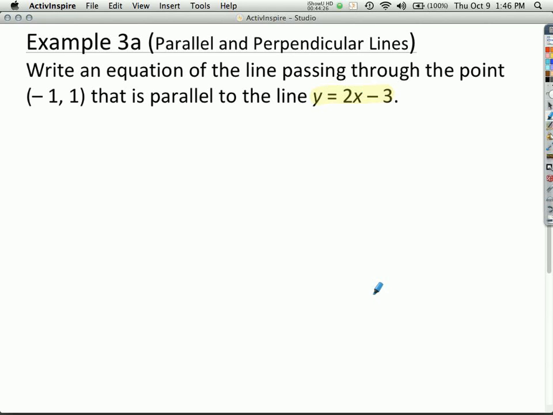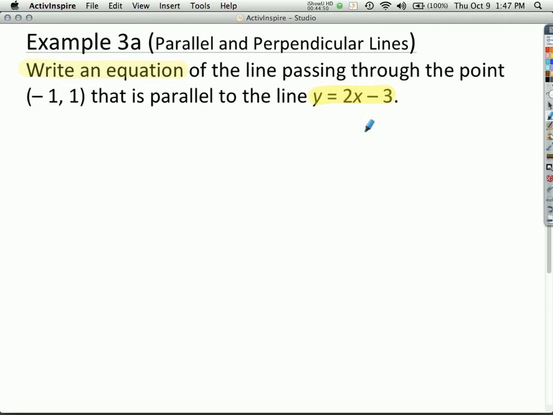Because I'm asking you to write an equation, and yet there's an equation right here. And you're like, well, what do you mean write an equation? There's an equation right there. Write an equation that's parallel to that? Well, isn't that it right there? Do I just take this and put it in there and just change that? Like, what do I do?